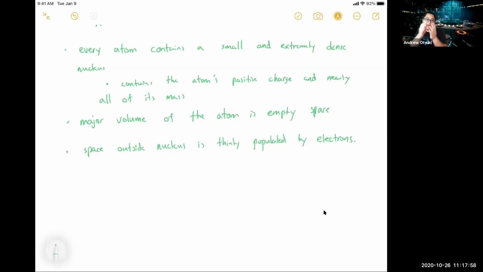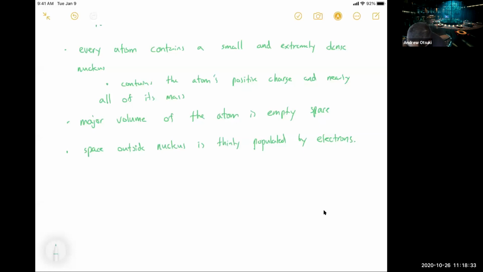So the space outside the nucleus is sparse, right? Depending on what atom you have, there's space around it, and we say the electrons must be populating around the nucleus, and that kind of gives its orbit, right? Because it's being attracted to the center by a very strong positive charge, so it must be populating around the nucleus throughout the atom.